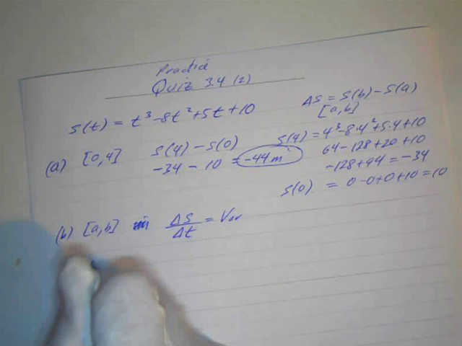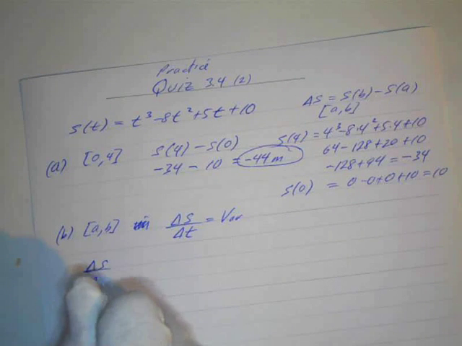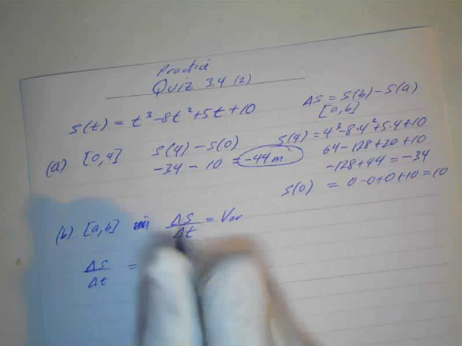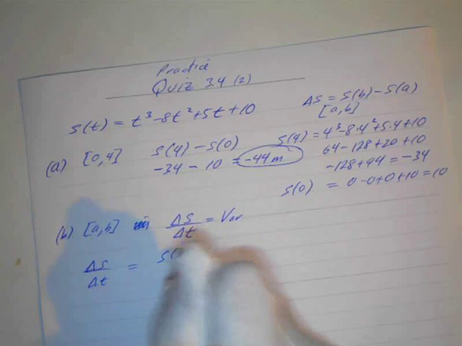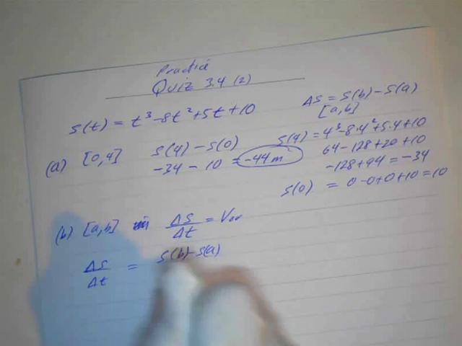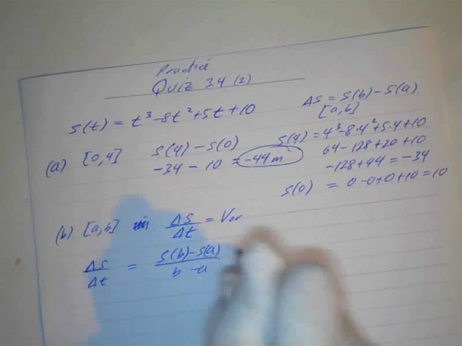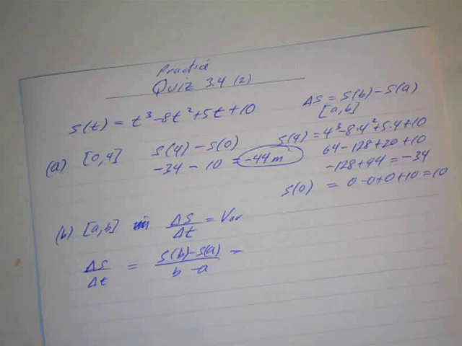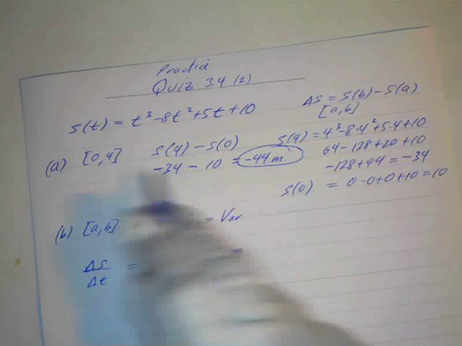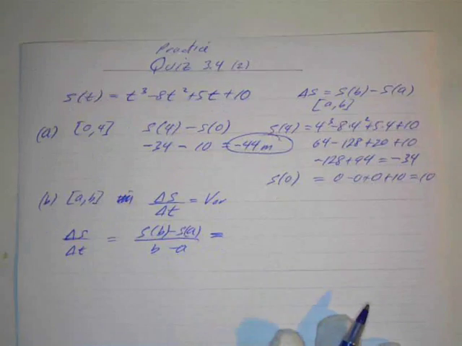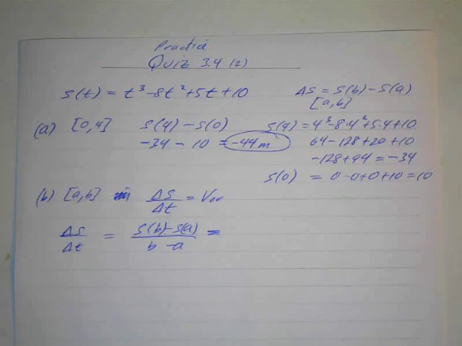So delta S over delta T would equal S of B minus S of A, all over B minus A. And we already calculated S of B minus S of A on 0 to 4, so that's nice. We can piggyback off of our work here. I hope that makes sense.